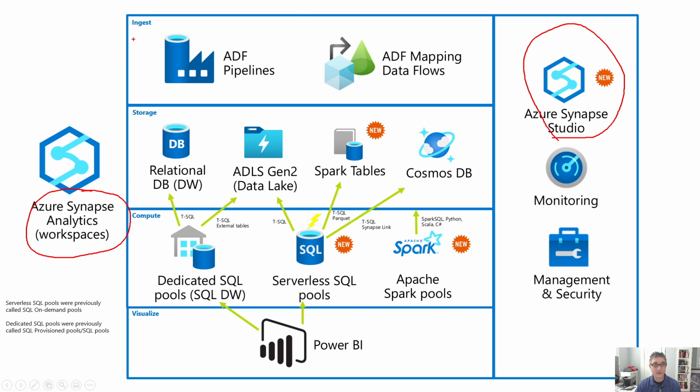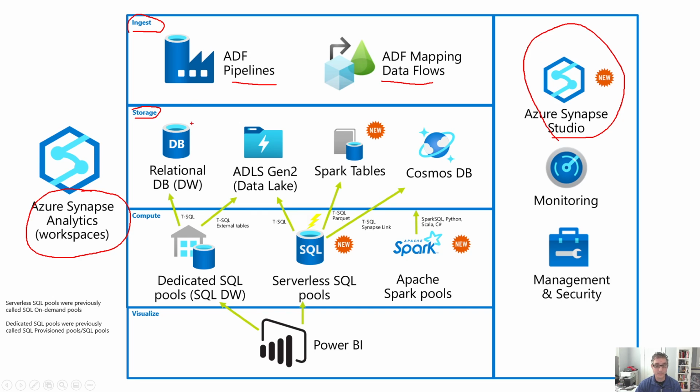One piece inside of Synapse Studio is the ingestion piece. This is where you're going to take Azure Data Factory pipelines and mapping data flows. They're not called Azure Data Factory within Synapse Studio, but they're the same code base in there. And then you can use those to move data from, say, on-prem into Synapse, into a couple of areas now under storage.